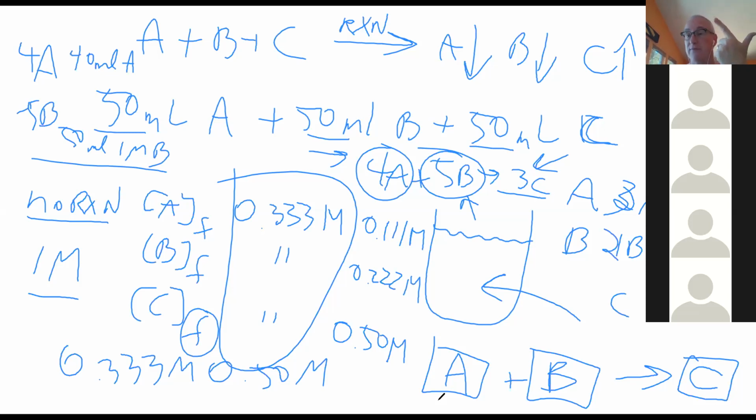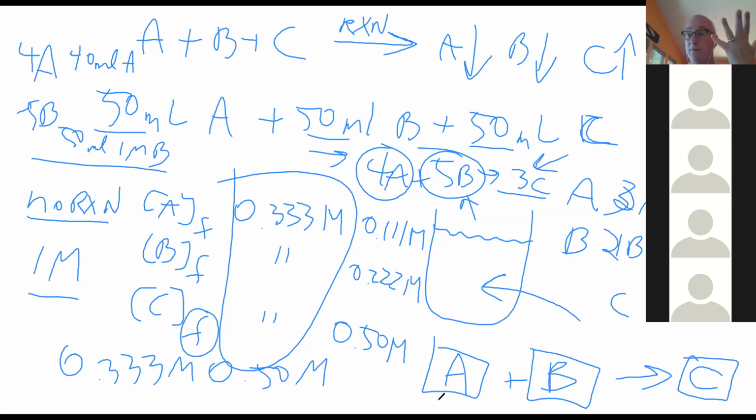So I know that's not the perfect ratio. If I added 30 mils of A and 50 mils of B, I would have B left over because A would be limiting in that particular example.